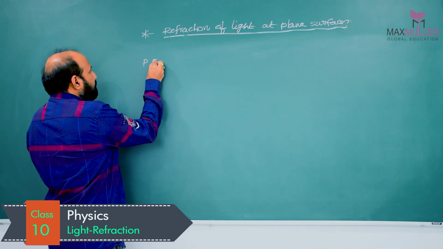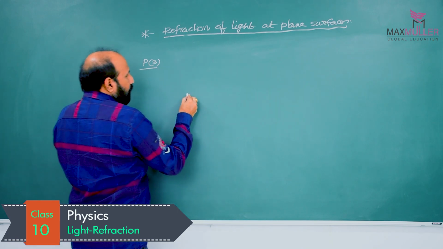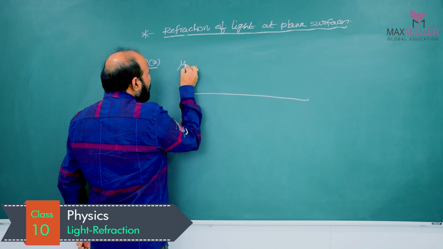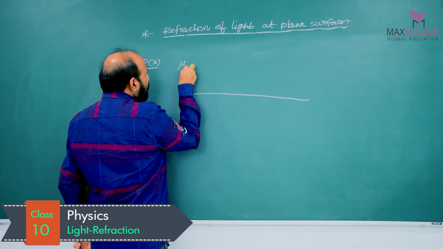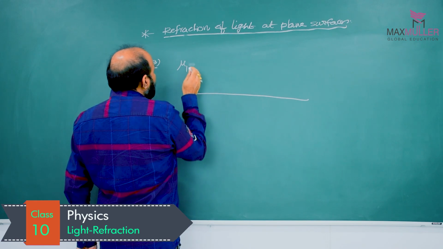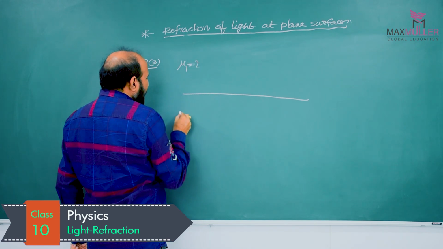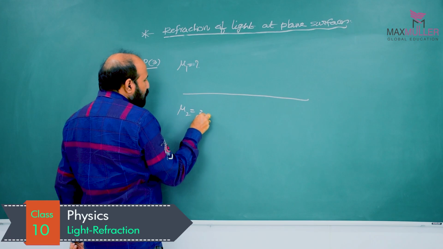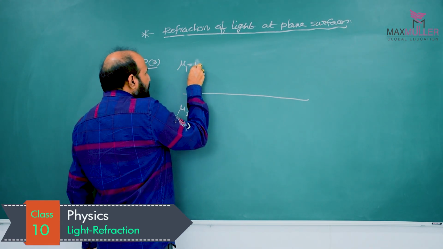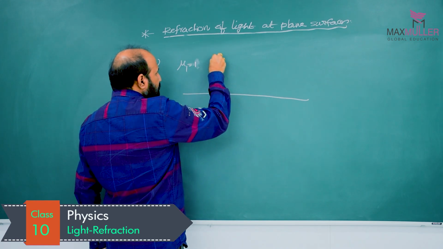Problem 3. This is a medium whose refractive index mu1 is to be found out, and the refractive index of this medium is root 2, or the refractive index of this medium is 1, air.